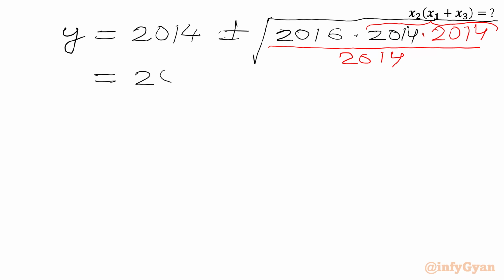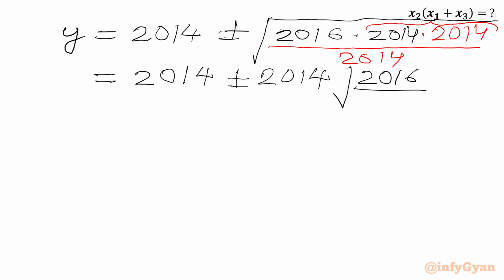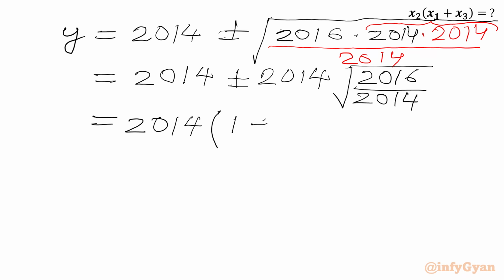We can write 2014 plus minus 2014 square root of 2016 over 2014. Now I can take 2014 common out. So I can write 2014 common, in the bracket 1 plus minus square root of 2016 over 2014.